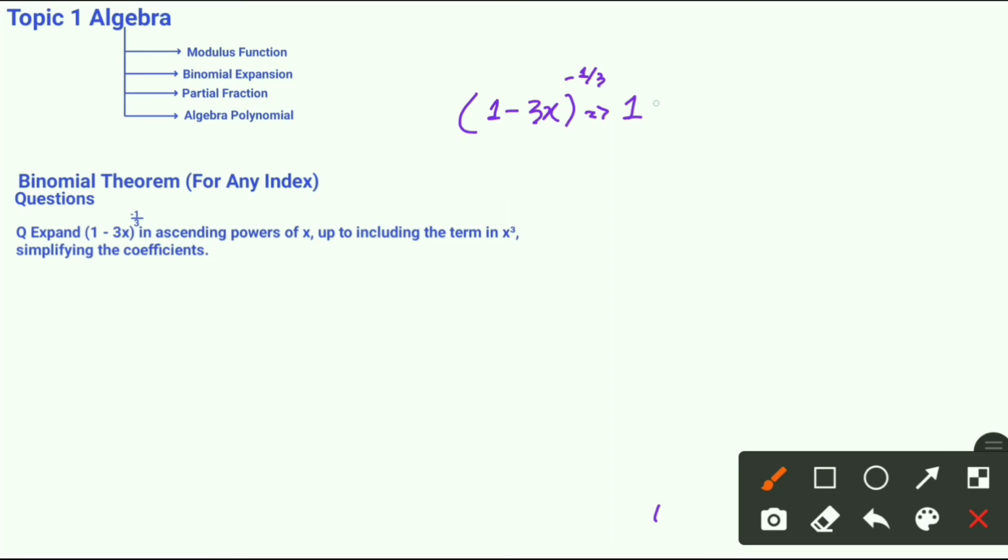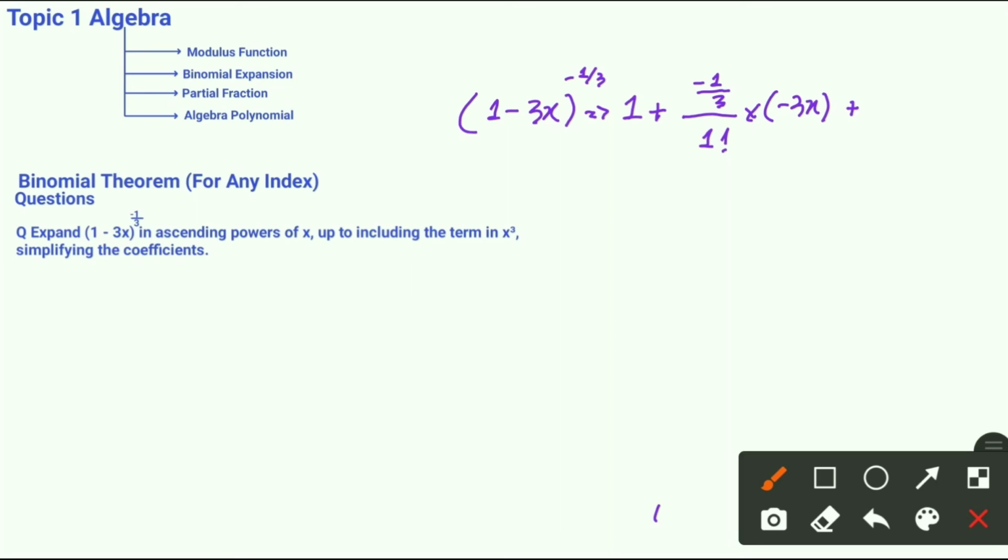So minus 1 upon 3, 1 factorial, multiplied by minus 3x, and nC2 is n multiplied by n minus 1 upon 2 factorial. So I'm going to use the calculator directly.